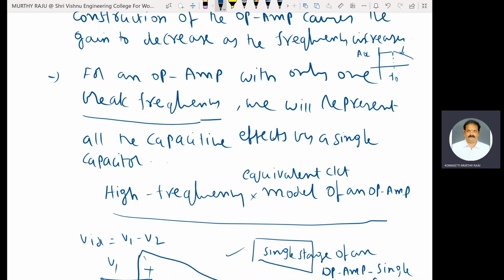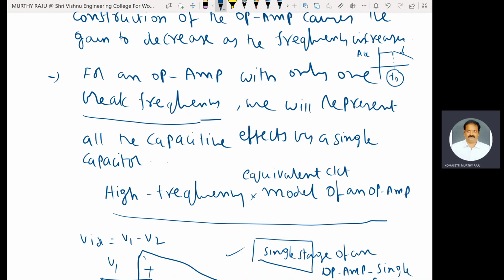One capacitor is included, and we consider one break frequency only. One capacitor means we consider a single stage of an operational amplifier, that is, we include a single capacitor effect. Sometimes an operational amplifier is a high gain direct coupled multi-stage amplifier.